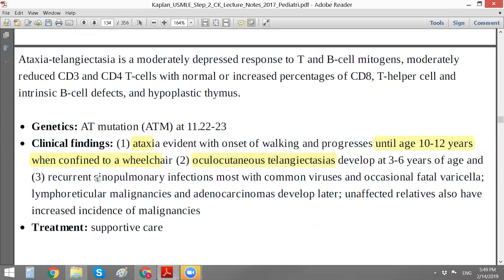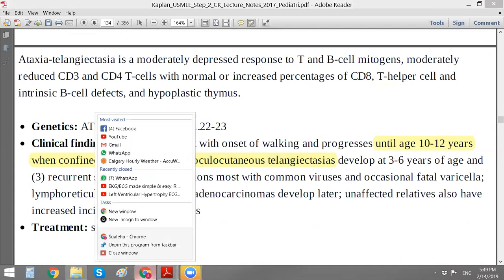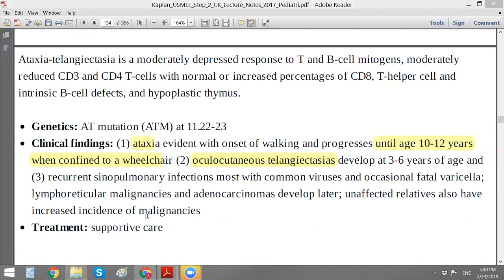So ataxia combined with telangiectasia is ataxia telangiectasia. I just don't know whether it is autosomal dominant or which one this is, so I need to check it.